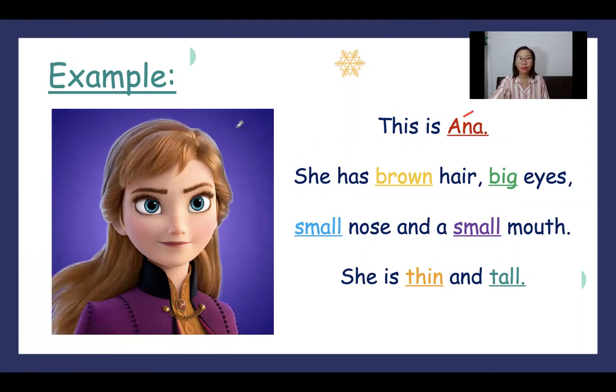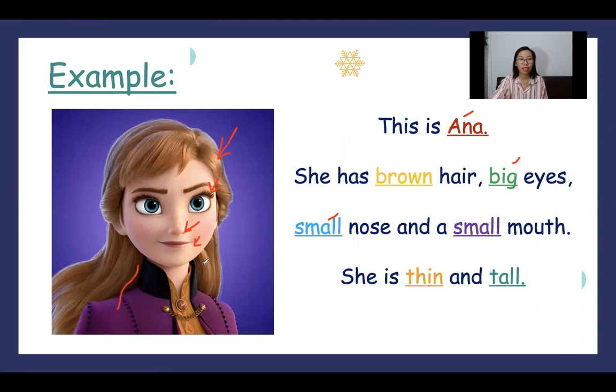She has brown hair, right? And big eyes. Look at her eyes, big eyes. Small nose. Look at her nose, small nose. And then small mouth, and she is thin.